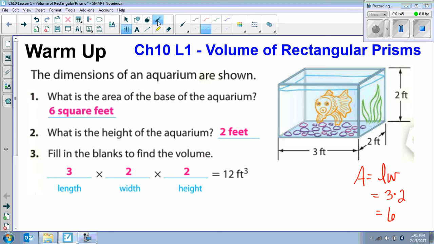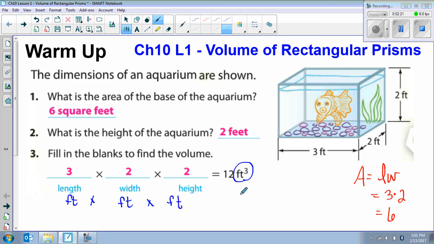Now, like we did with our previous lessons, we were talking about area, and area is units squared, where here you take a look, and volume is feet cubed. Now the reason that it's feet cubed is because when we are multiplying the length times the width times the height, we are multiplying feet times feet times feet.